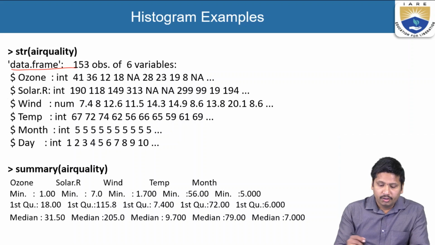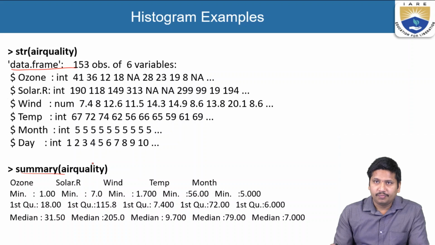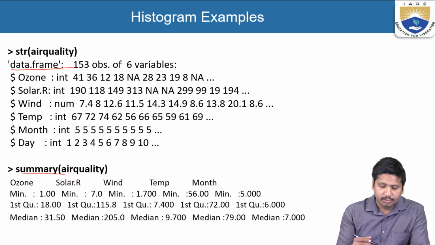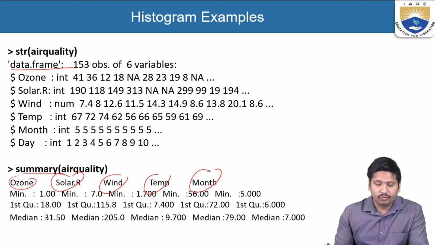And if I specify summary, this is the command I mention to see the summary of the air quality data set. It shows the main attributes or variables, and the minimum value, first quartile, median, and so on.